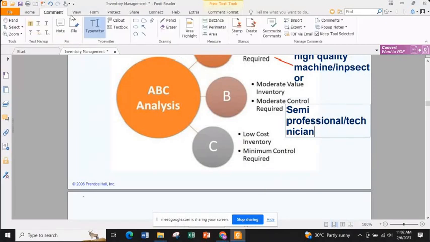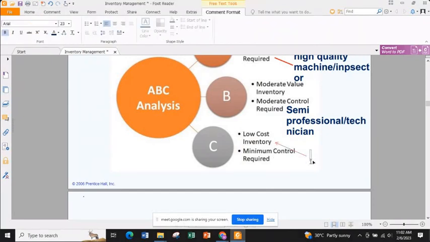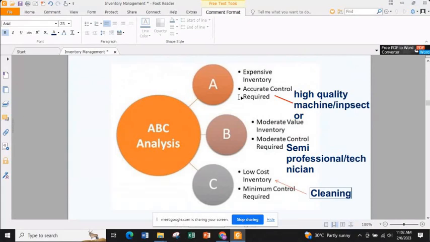This is something like cleaning, so you can hire general workers. The cleaning process does not require high skill, high education or high level thinking. That's why it's low cost, but it is still important to control A and B.